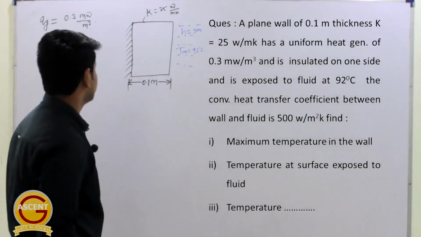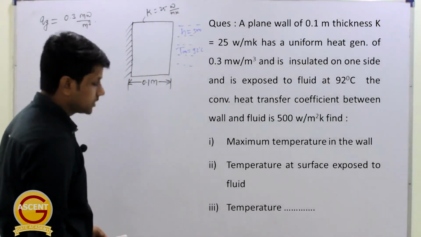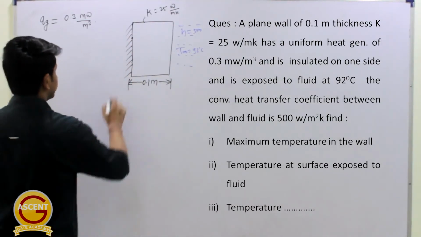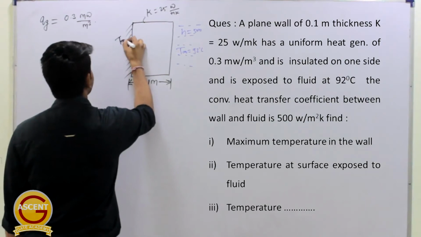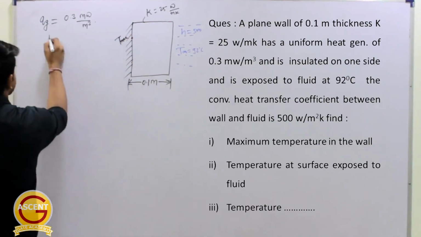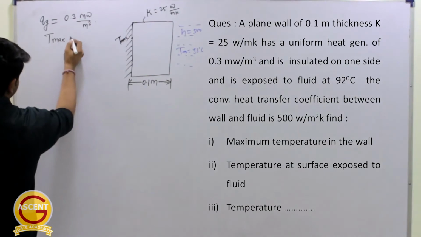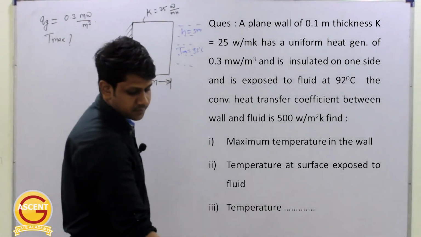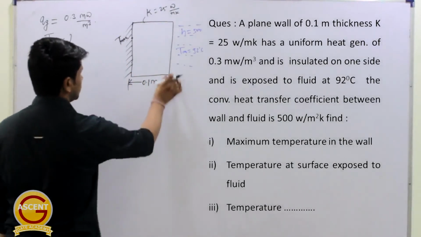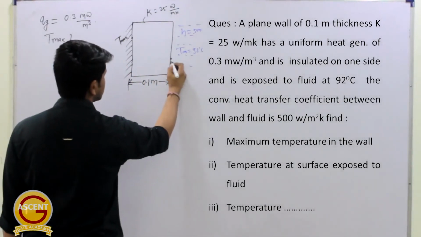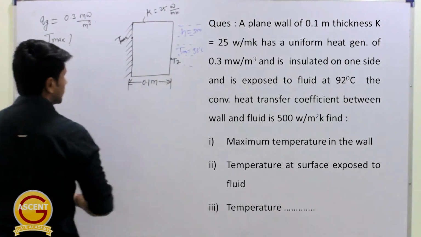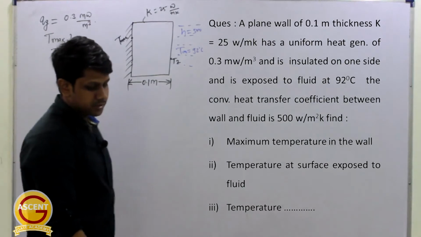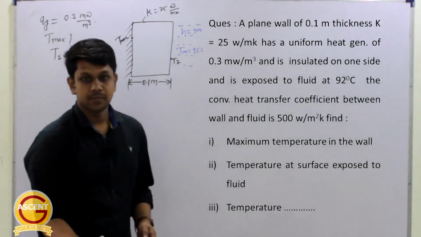So we already know at what location the temperature will be maximum. It will be at this left end, the insulated end. So here will be T maximum. So he is asking what will be this T maximum, as well as he is asking temperature at the surface exposed to fluid. So let's say this is the surface which is exposed to fluid and temperature is T2. So he is asking T2 temperature and he is asking to draw the temperature profile.